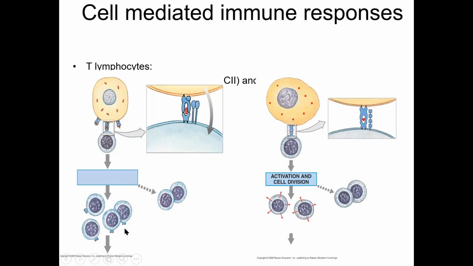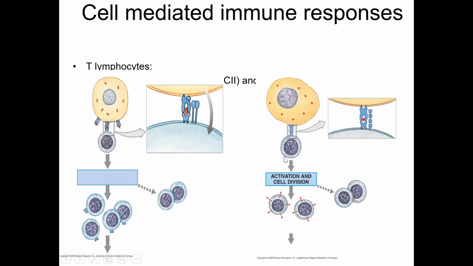But this process is not fast enough unless you get help from the T helpers. So T helpers are on this side. These are T helper cells. This is an APC, in this case a macrophage, which is going to have MHC2 on the surface.